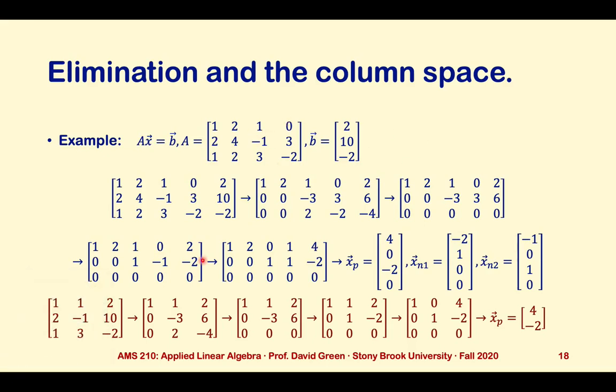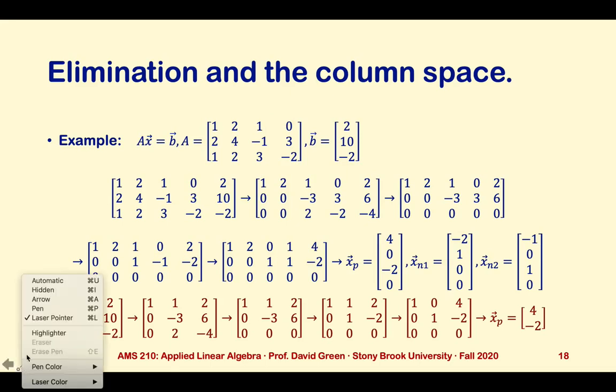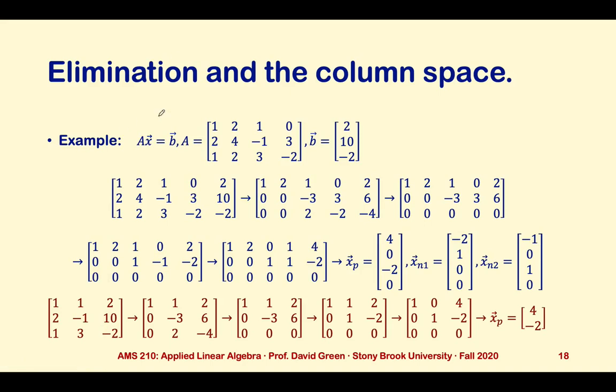Right? We might start off with the system shown here. Ax equals b, a 3x4 coefficient matrix with this right-hand side. And if we were to try to solve for the general solution, the way we considered in Unit 6, we start with the augmented matrix here.